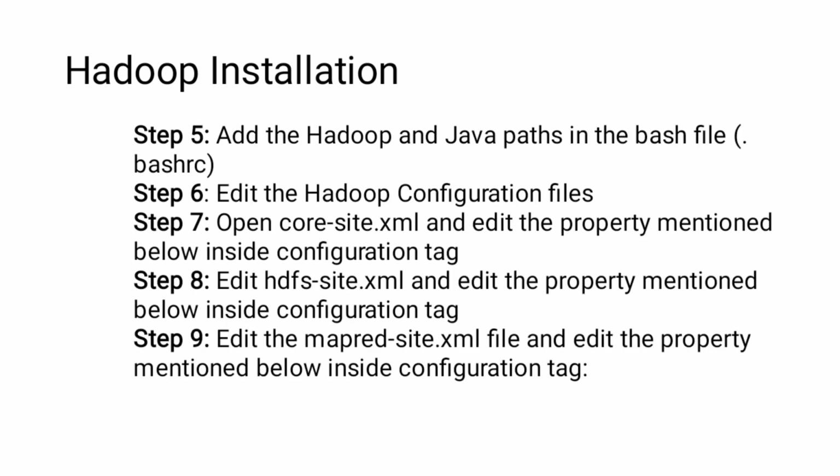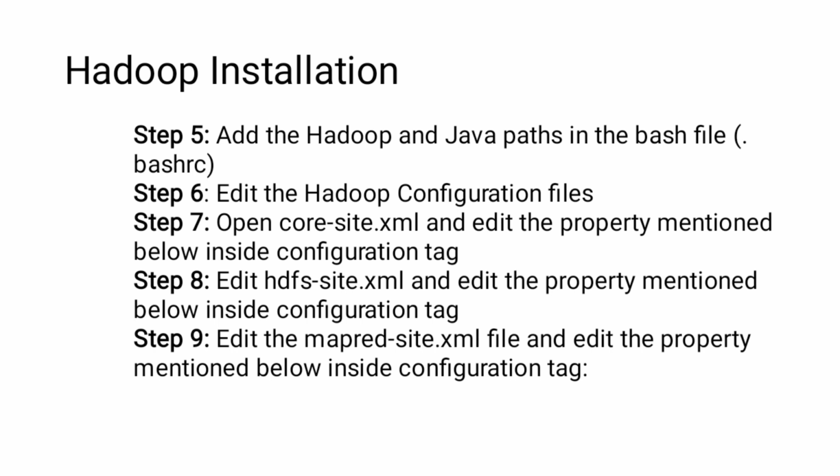Hadoop installation. Step 5. Add the Hadoop and Java paths in the bash file. Step 6. Edit the Hadoop configuration files. Step 7. Open the core-site.xml and edit the property mentioned below inside configuration. Step 8.